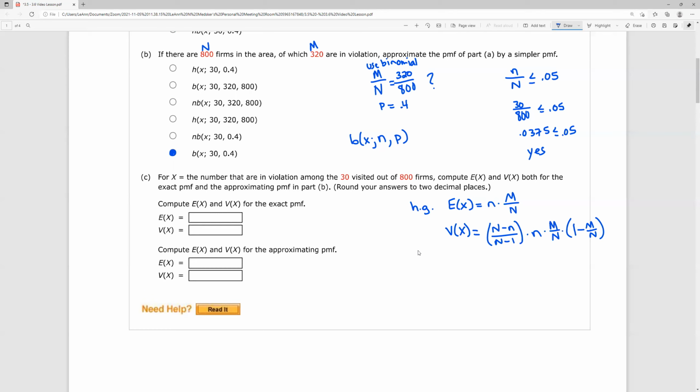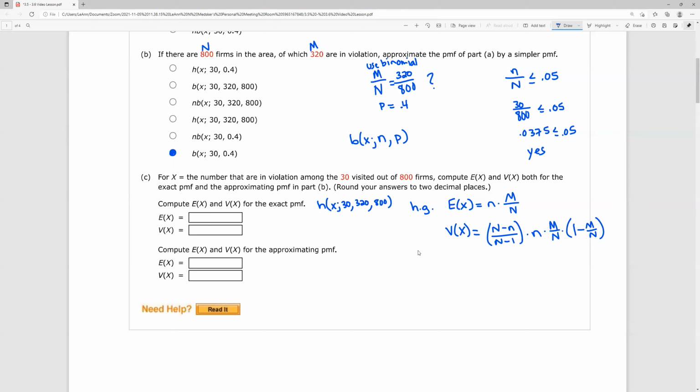So let's look at this. If we plug in for our exact, we know that for the hypergeometric one, we had H of x, writing our information down again, sample of 30, M was, for this one, 320, since we're using the bigger one, and 800.